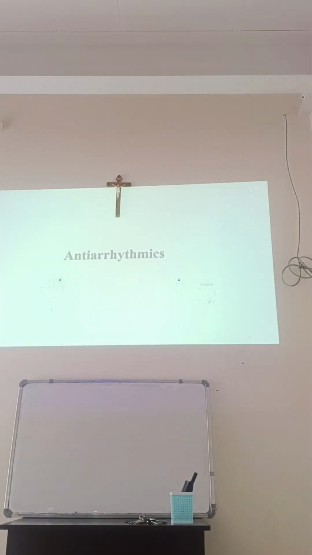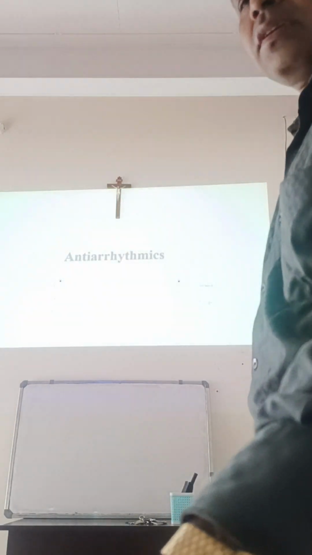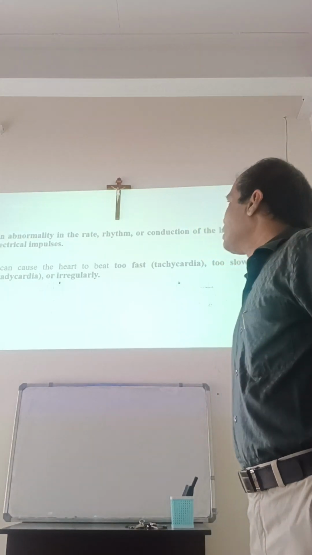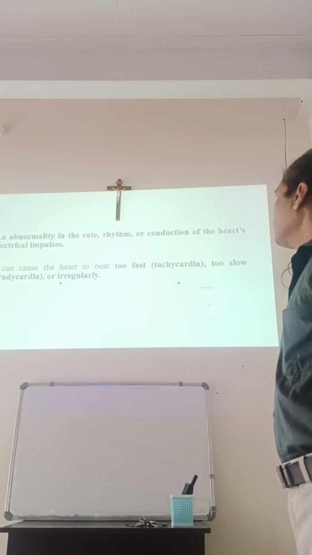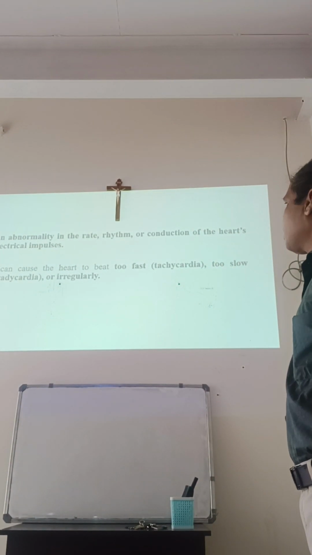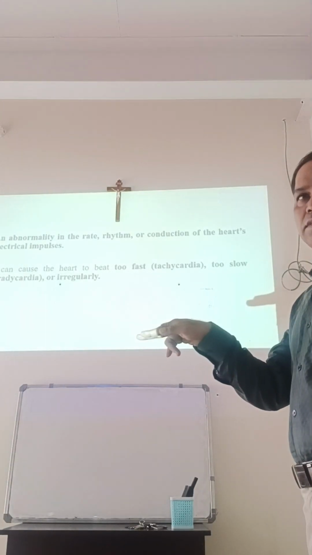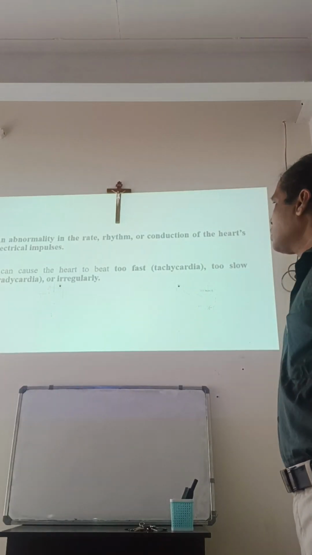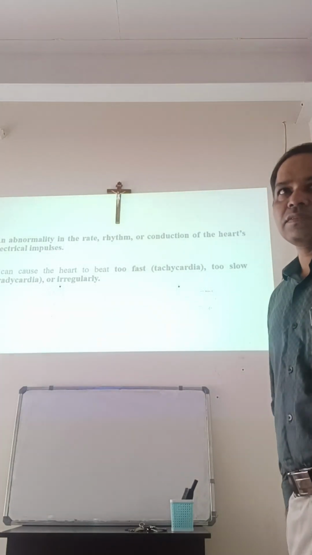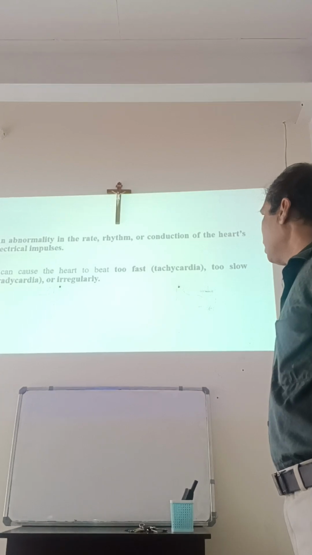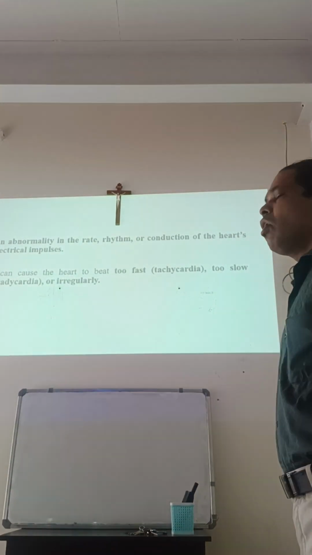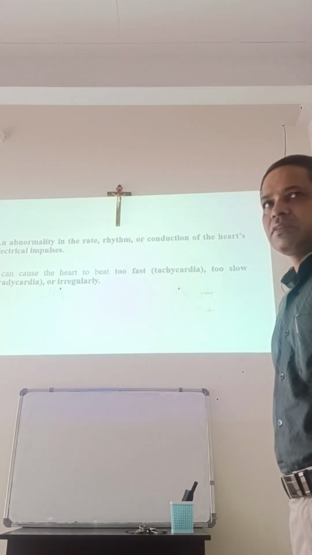So we will continue with the antiarrhythmics. First I give the introduction. An abnormality in the rate, rhythm or conduction of the heart's electrical impulse is called arrhythmia. It can cause the heart to beat too fast, tachycardia, or too slow, bradycardia, or irregular, arrhythmia.